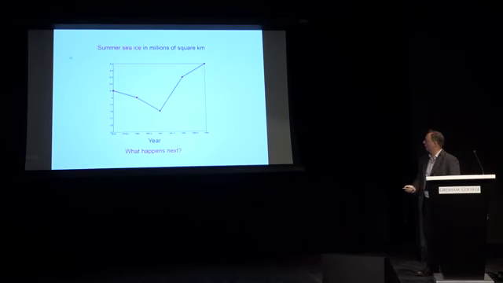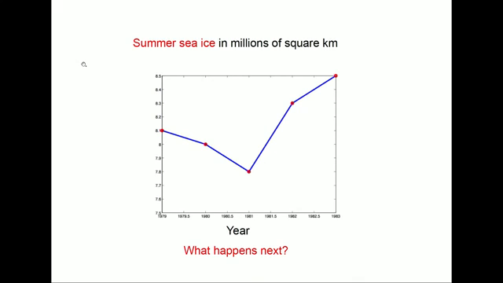So in the first 4 years of the operation of the satellite, it measured the area in millions of square kilometres, and that was the graph that they got.